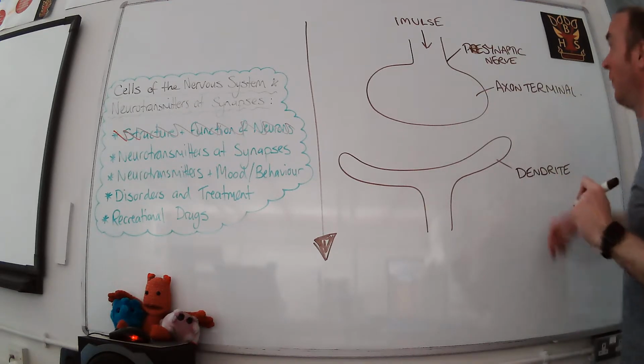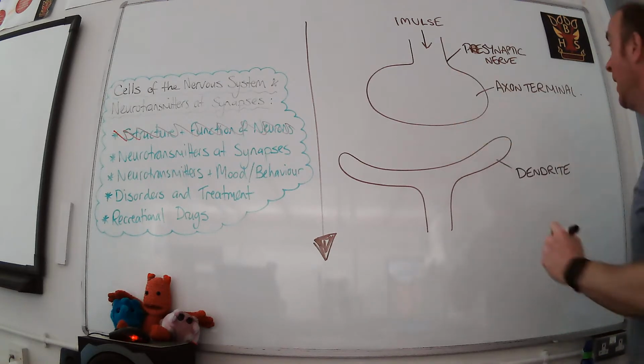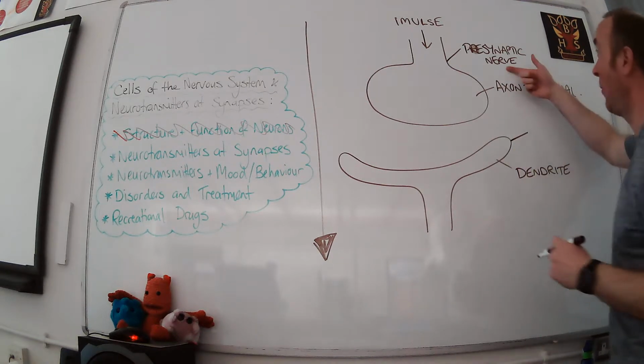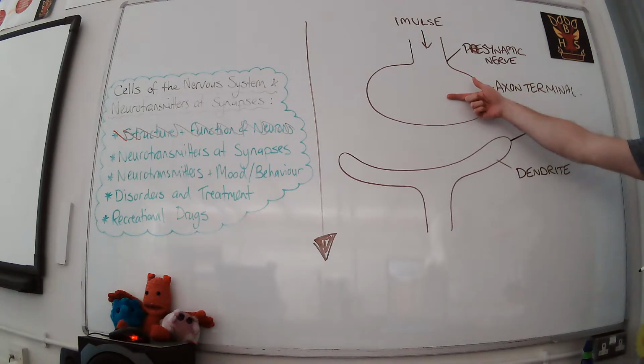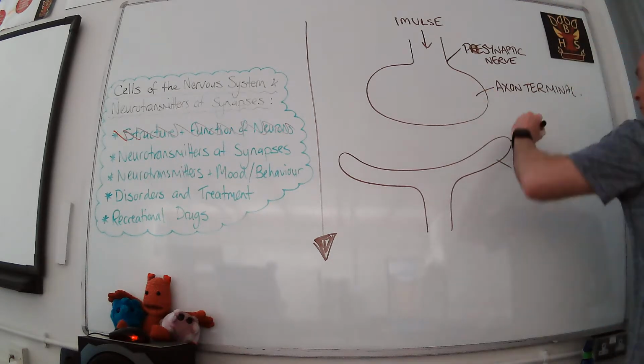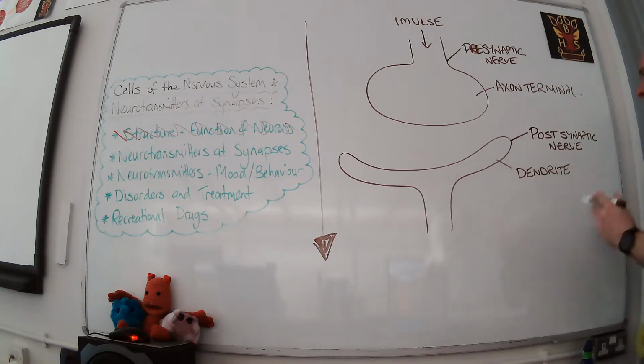If it's not obvious, it's because it comes before the synapse. And this nerve, with the same idea behind it, can you guess? Post-synaptic nerve, right? So that's the sort of terminology.